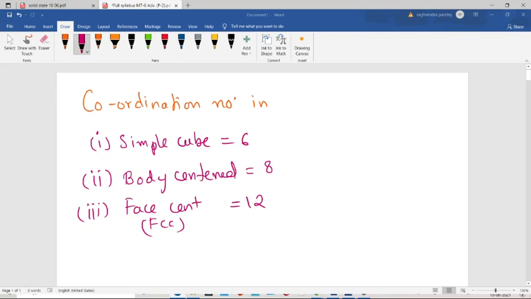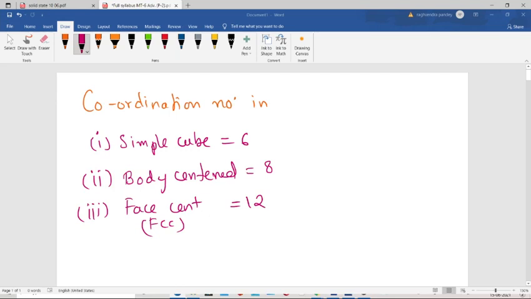What is the definition of packing fraction? Yes, so let's take the edge length of the cube as a.